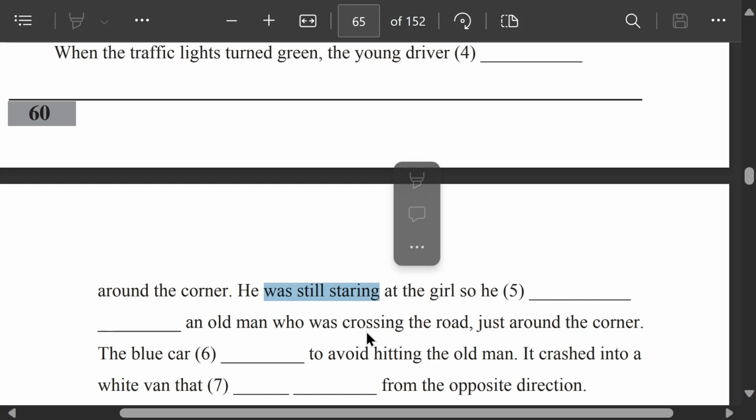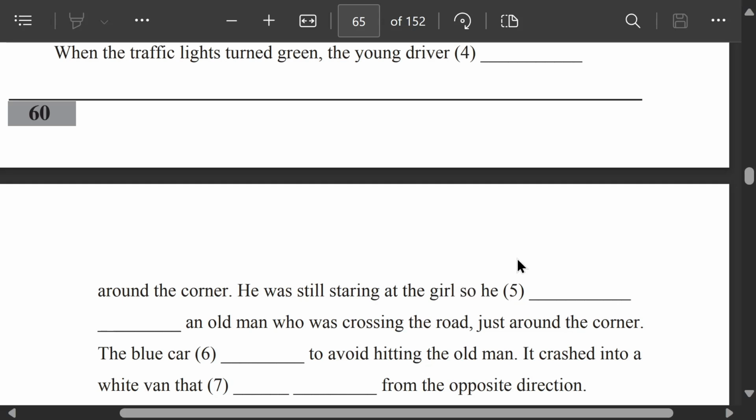He was staring. Here we put still staring because we'll talk about another action here. So when this next action or this next incident happened, he was still staring at the girl.